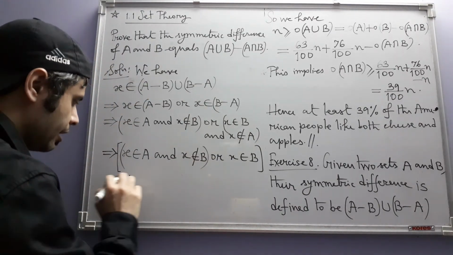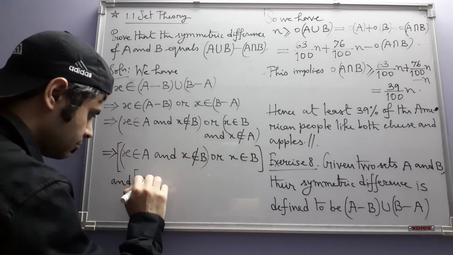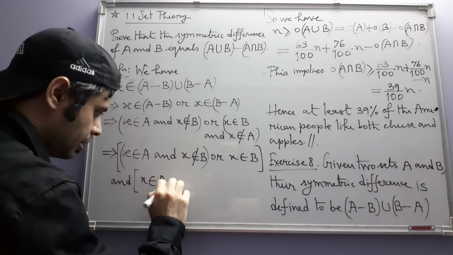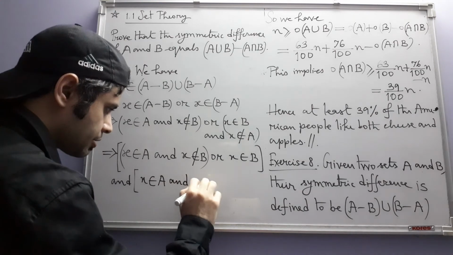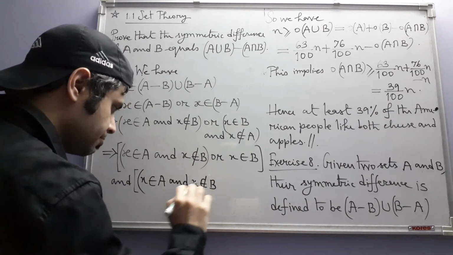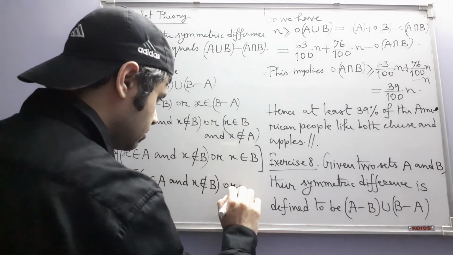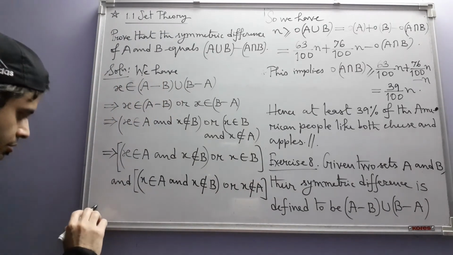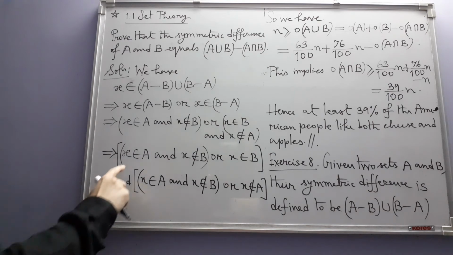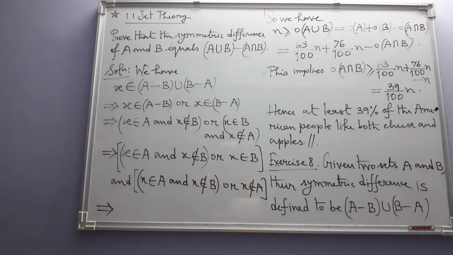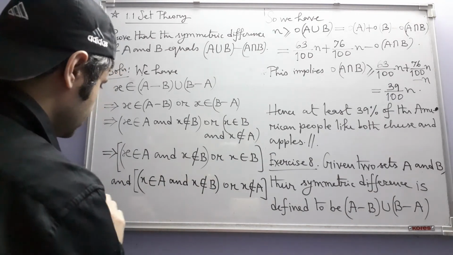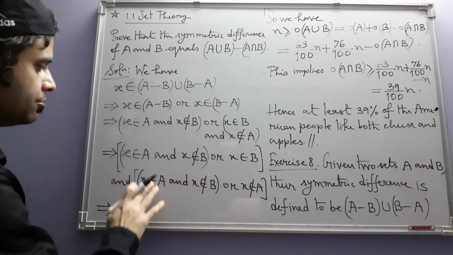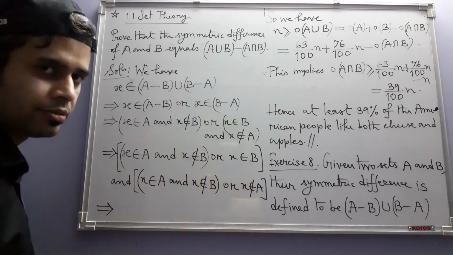So this and x belongs to A and x does not belong to B, or x does not belong to A, then we have to further work with these two things. Now here again I can use the distributive law.